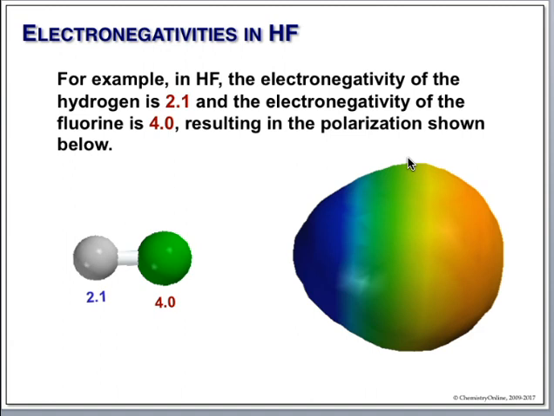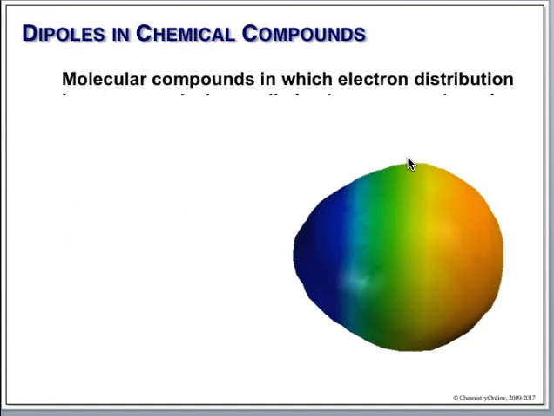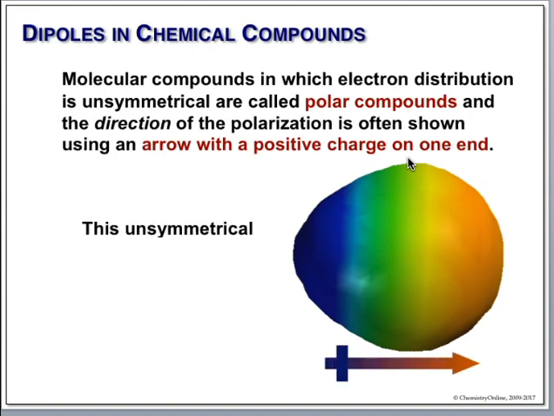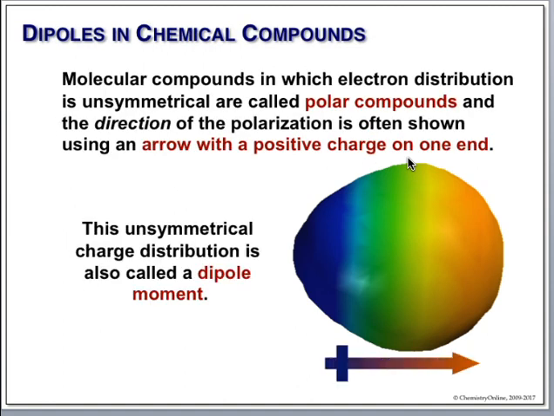Now, when we have a distribution such as this, we refer to this as a dipole. We say that HF and this bond in HF has a dipole moment. We show that using an arrow. We cross it at one end.